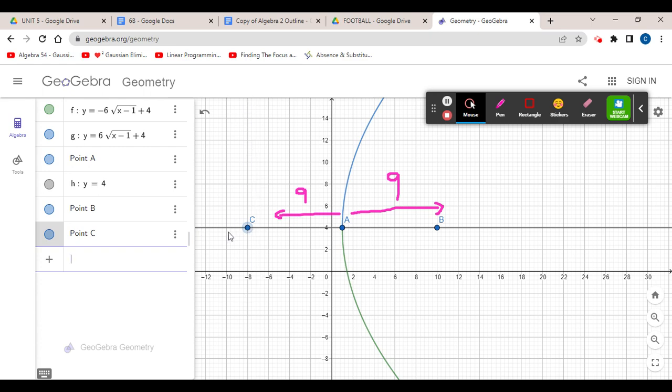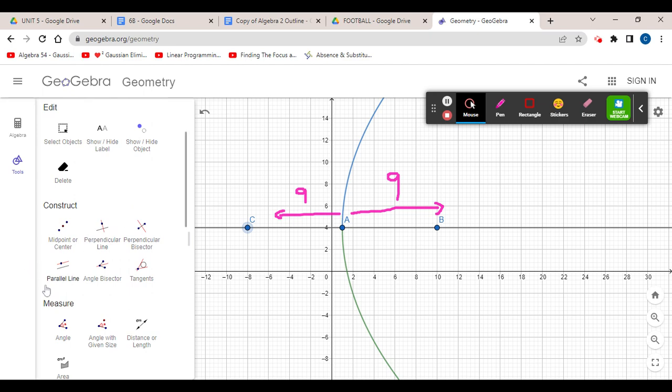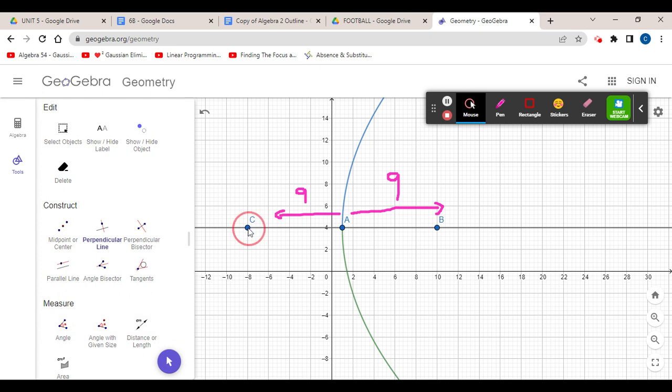And now we'll draw our directrix through that point C. So we'll do a perpendicular line through point C. This vertical line right here is our directrix.